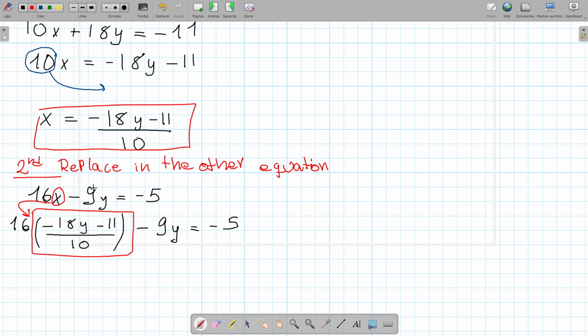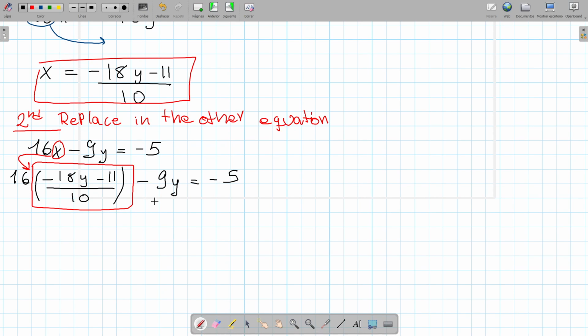Now this is just an equation of one variable. The only variable here is y. The problem is that we have a fraction.